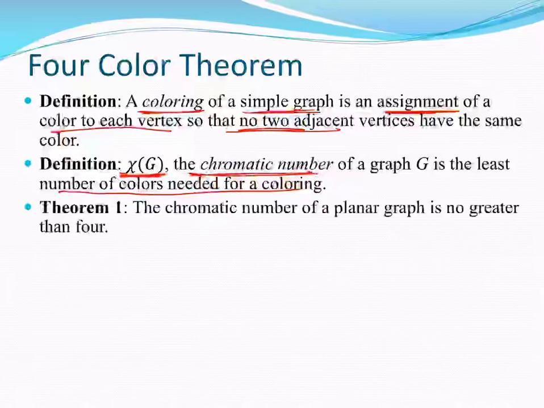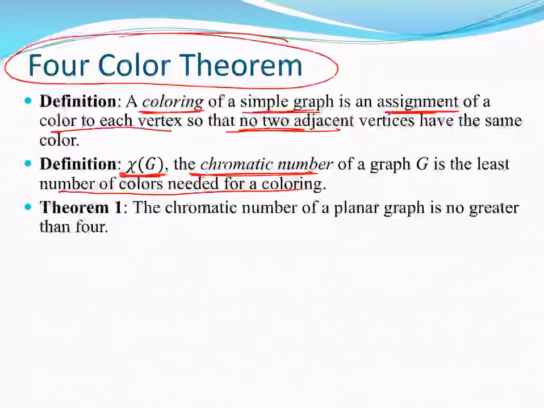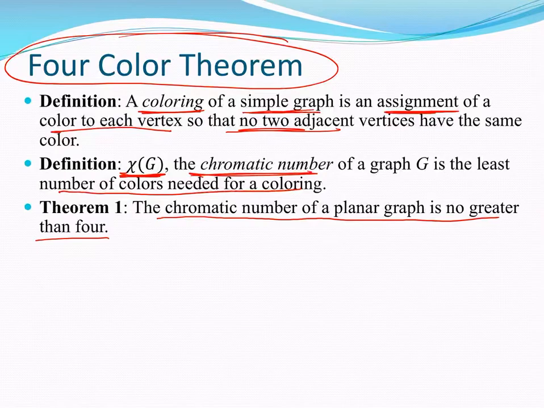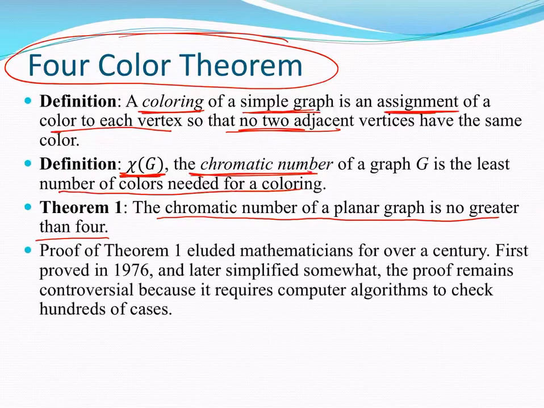This gives rise to the title of our slide, the 4-color theorem. That's theorem 1, and it says the chromatic number of a planar graph is no greater than 4. That was the thing that had been discovered when looking at the county maps of England. But the proof of this theorem is extremely difficult and eluded mathematicians for over a century.